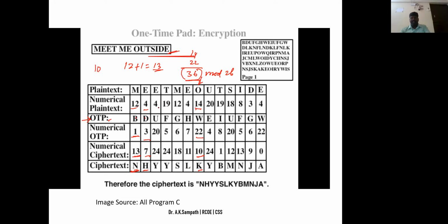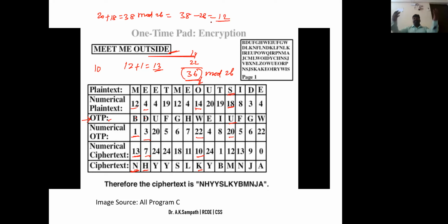I'll repeat with the other values. Suppose I wanted to do the encryption for this, S is the plain text and U is the key. So S's numerical value is 18 and U's numerical value is 20. So 20 plus 18, which is 38, mod 26, which means 38 minus 26, which is 12.